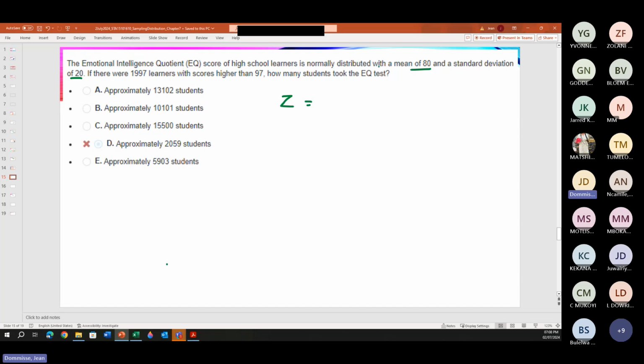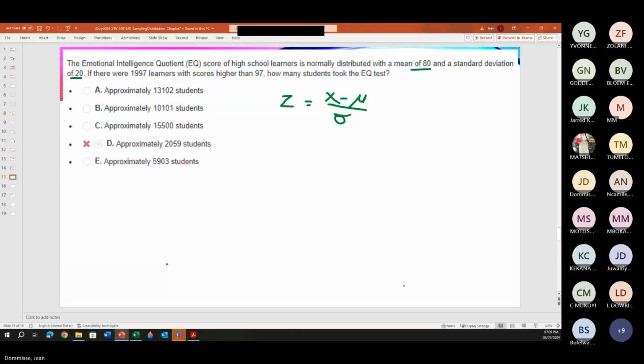Nowhere here was anything mentioned about a sample. So it's a normal distribution, no sample being mentioned. The sample is the total population. We're not working with a sample here.